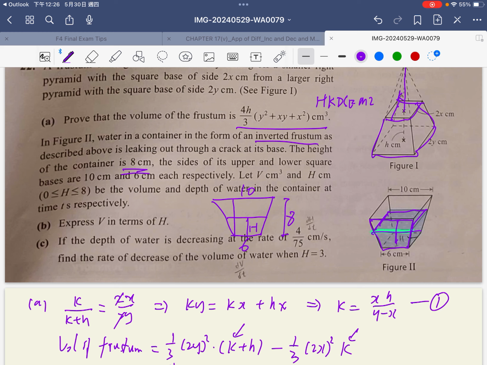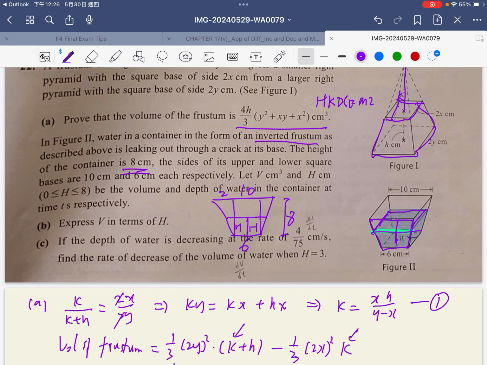Before applying the formula, we have to calculate the length of this, which is equivalent to this length. Draw two triangles. This triangle is similar to this triangle, and this is equal to 2.